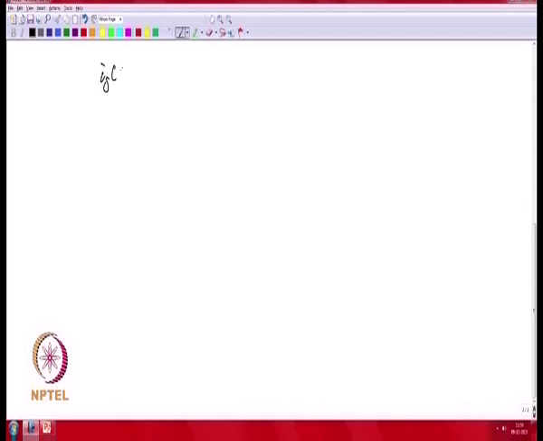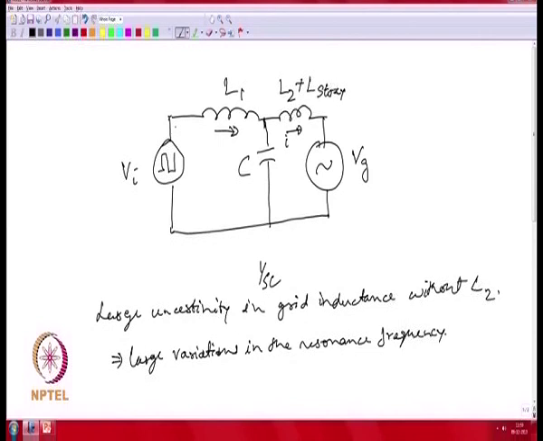So Ig of s divided by Vi of s is 1 by sL1 plus the series value of sL1 plus the impedance of C in parallel with L2.